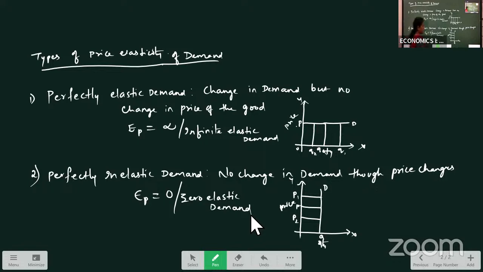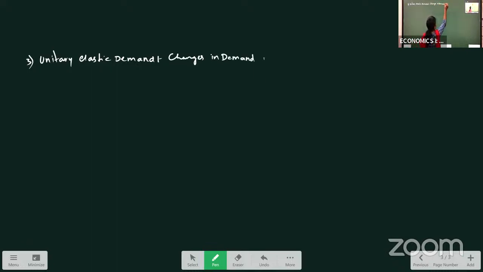Then the next type of price elasticity is unitary elastic demand. Unitary elastic demand is what? Changes in demand is equal to changes in price of the commodity.